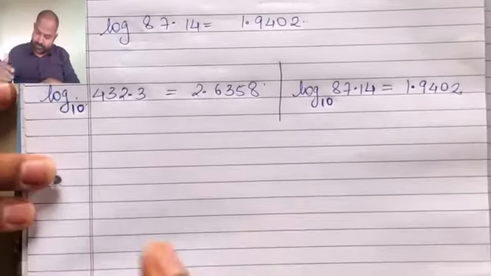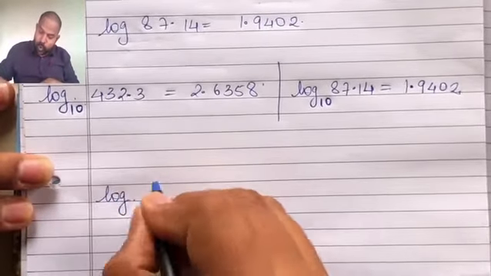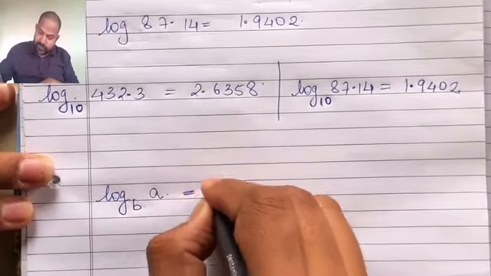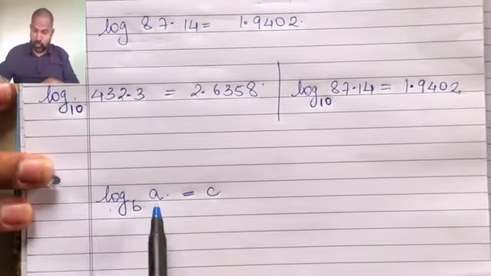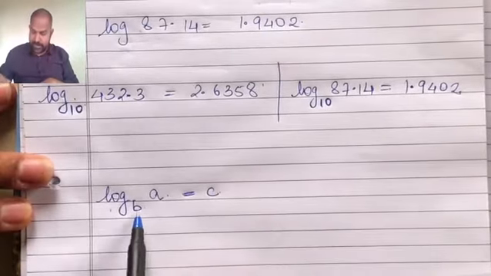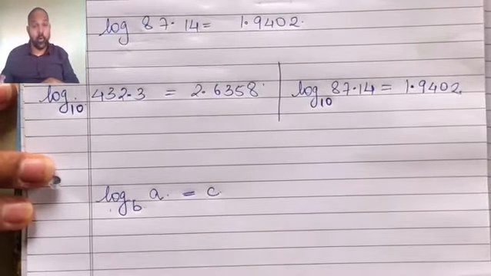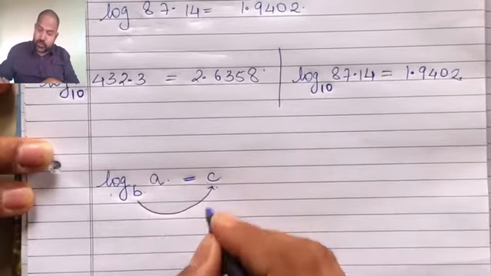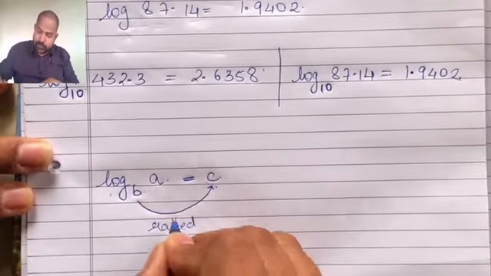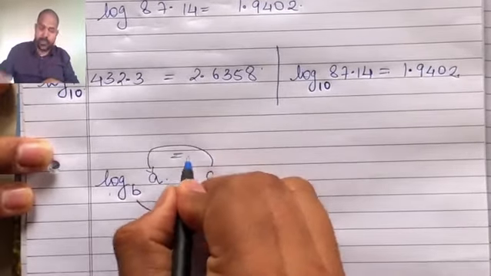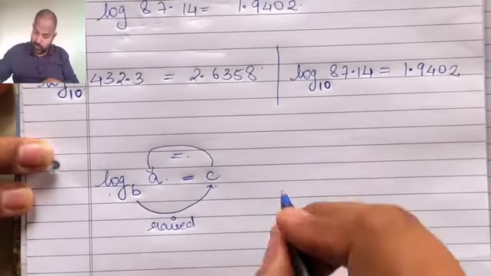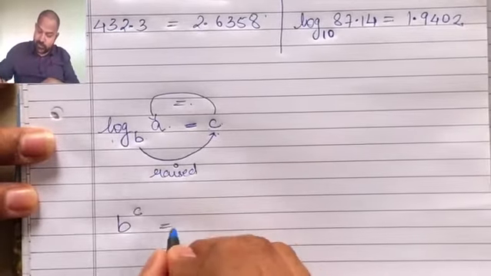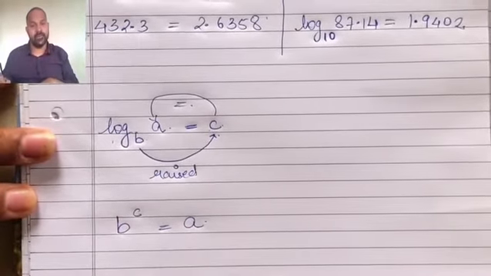What it means is that if log of a number a to a given base b is a value c, then what it means is when b is raised to c, you will get the value a.